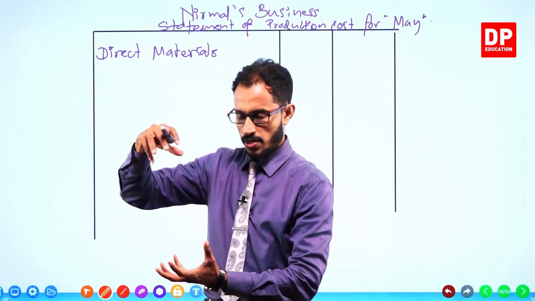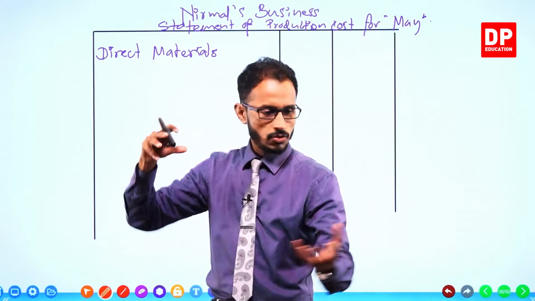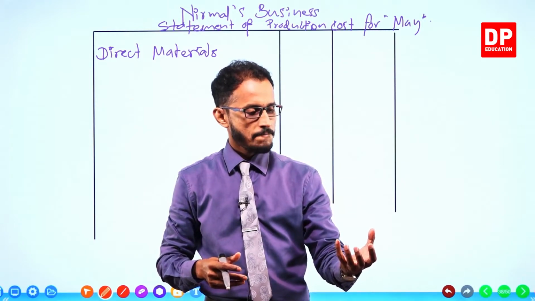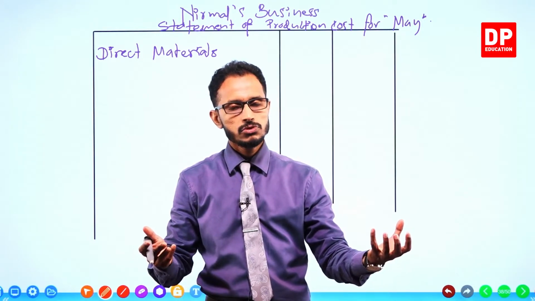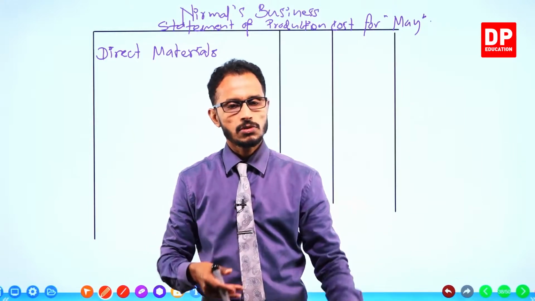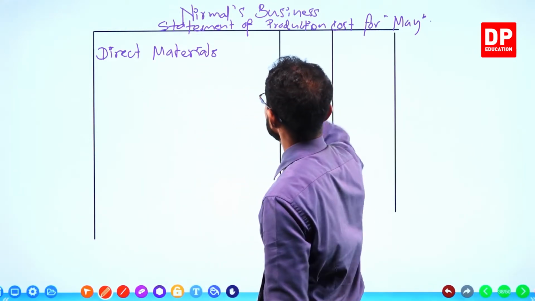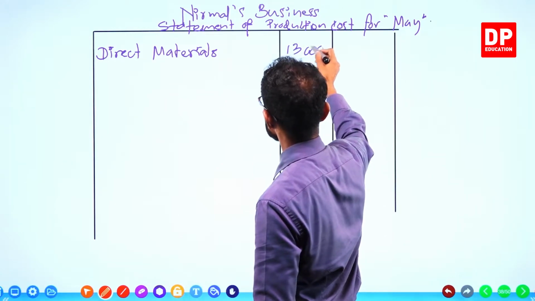When you take a flower vase, you can clearly see that it is made out of a plastic bottle. So what is the main material you used to make that? Plastic bottles. That is the direct material cost. So direct materials 13,000.